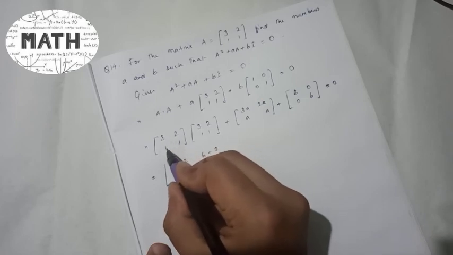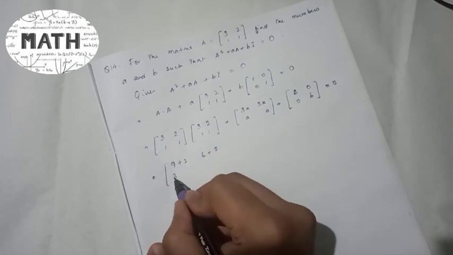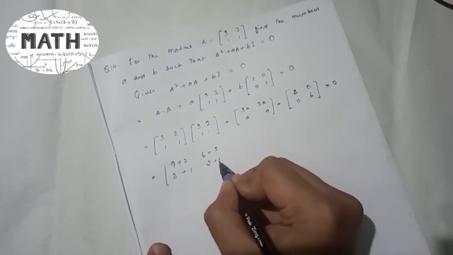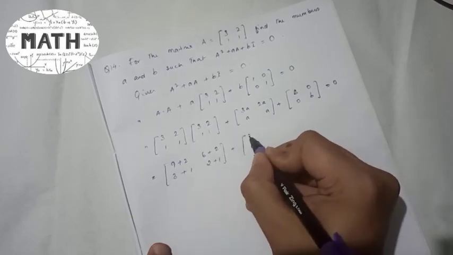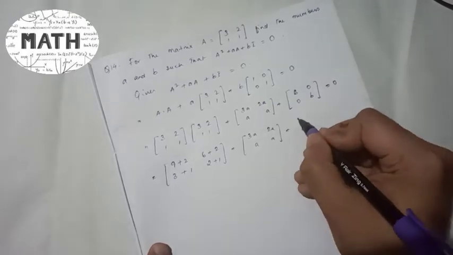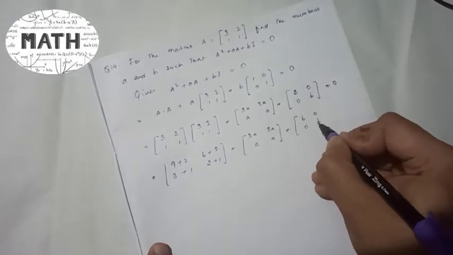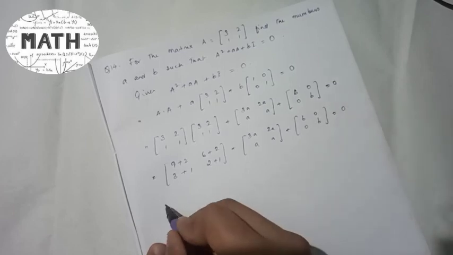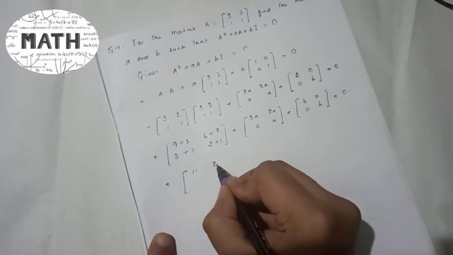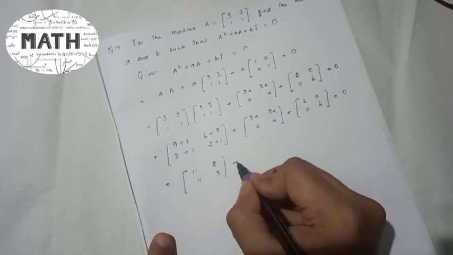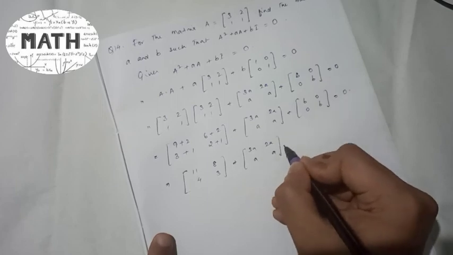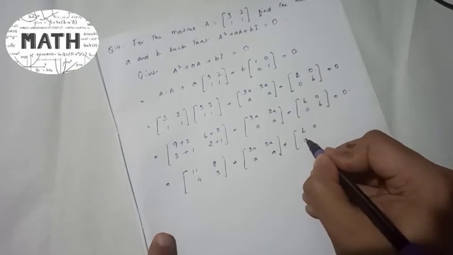Down with the first row, now second row 1, so it will be 3 plus 1, and similarly 2 plus 1, plus 3a, 2a, a, a, plus b, 0, 0, b equal to 0. So I'll get 9 plus 2 is 11, 8, 4, 3, plus 3a, 2a, a, a, plus similarly b, 0, 0, b.